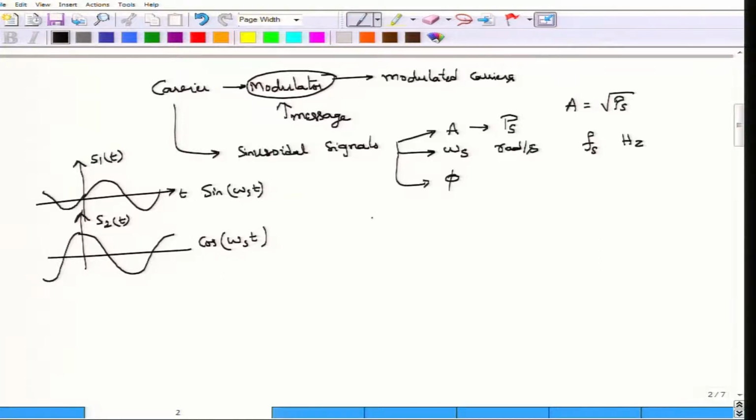So, I have a carrier, and what the carrier does is to produce a signal, let us call it S of t, given by square root of P s cos(omega s t plus phi). Remember, amplitude and square root of P s are related, where phi is any phase with respect to cos omega s t. This is the output of the carrier.